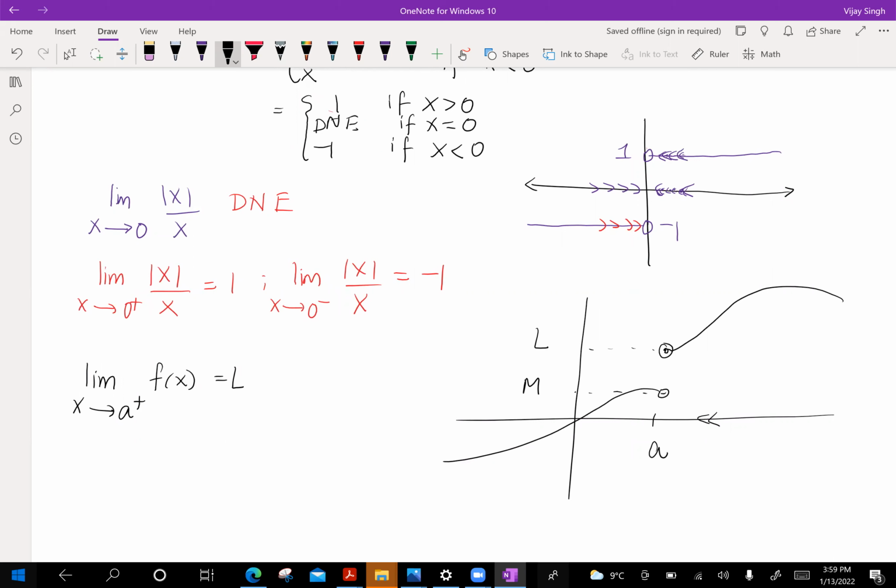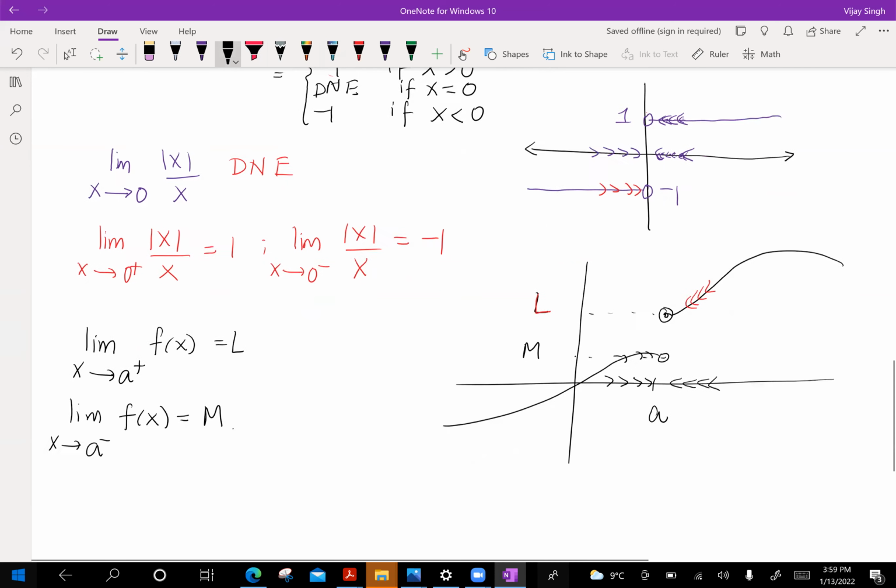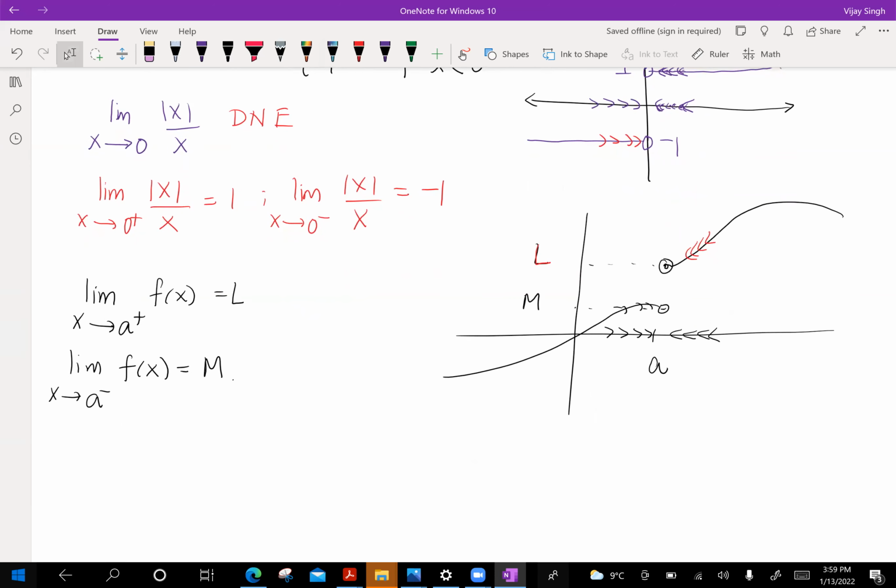So if you're approaching a from this side, your f of x is approaching L. And the limit as x goes to a minus of f of x, if you're approaching from the left, f of x is approaching what? M.